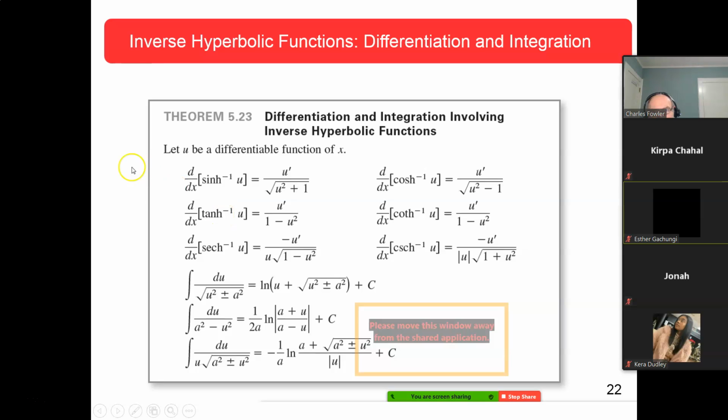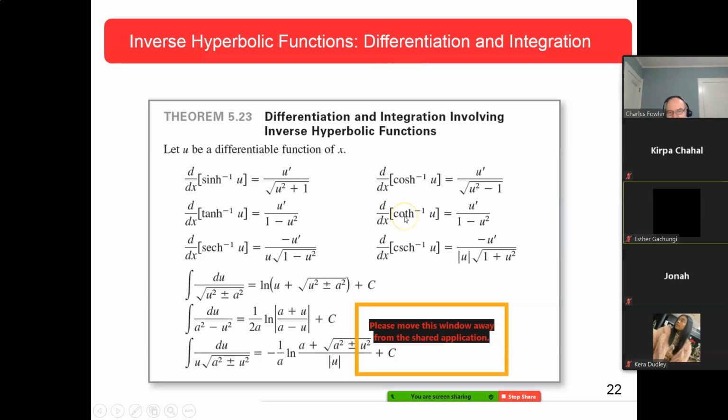All right, so if you're taking the derivative of an inverse hyperbolic sine, it looks fairly similar to that of an inverse sine, except down here it would be 1 minus u squared for sine, not 1 plus. Cosine would be 1 minus u squared too, and now it's u squared minus 1. For inverse tangent, not hyperbolic tangent, that would be a plus down here.